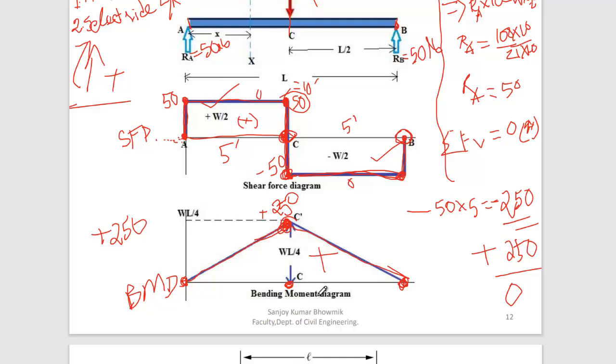So now my question is like that. All of the students can draw this, right? So if I ask what would be the bending situation or bending curve, it will be like this.